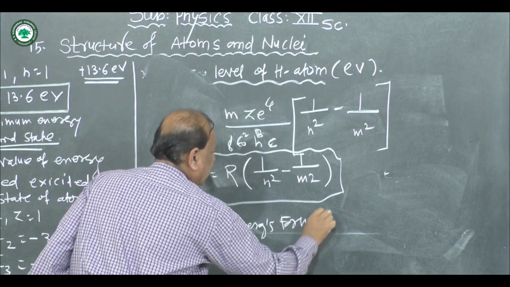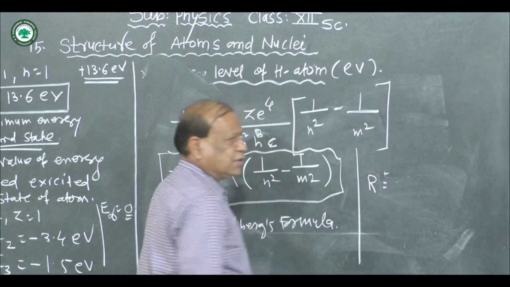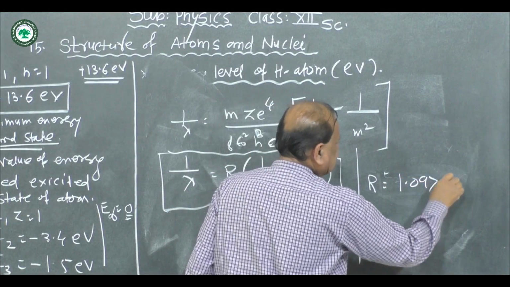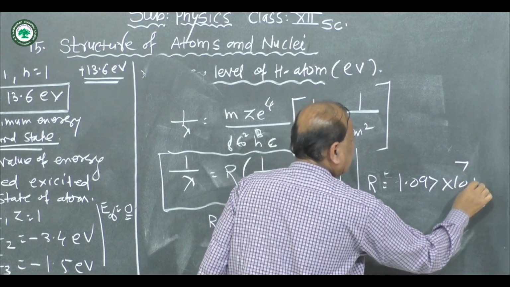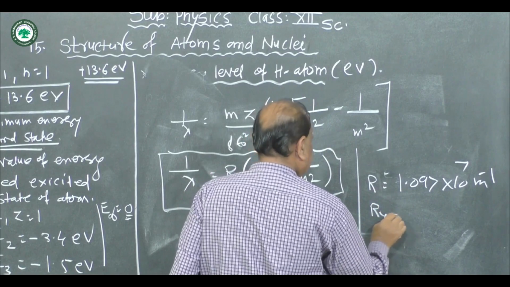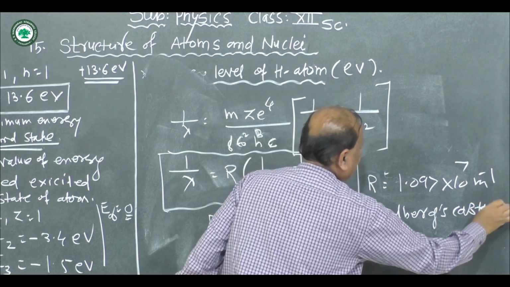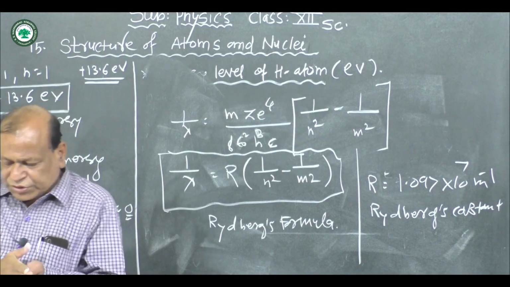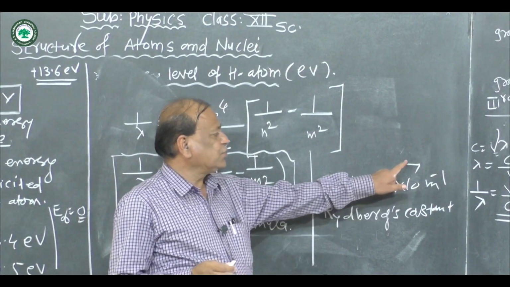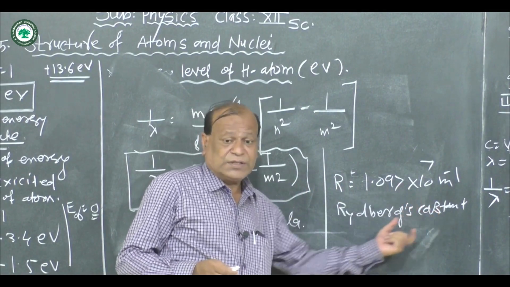The value of R, Rydberg's constant, is 1.097 into 10 raised to 7 meter inverse. That is the value of Rydberg's constant.